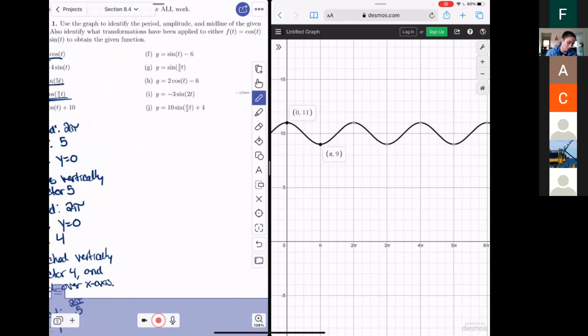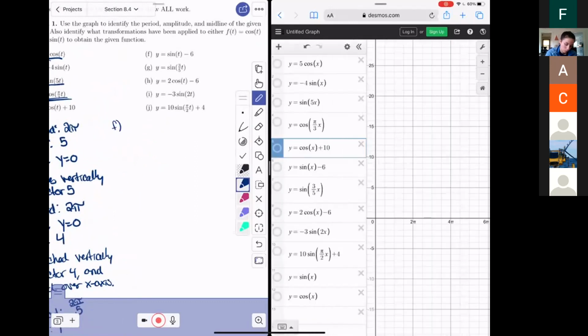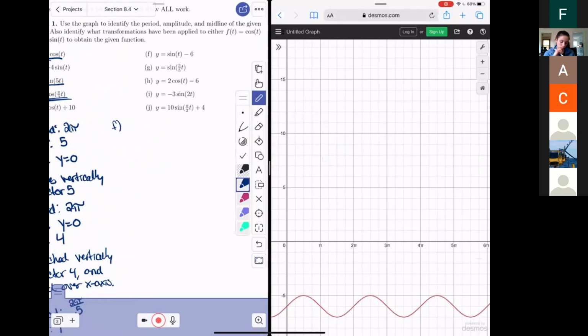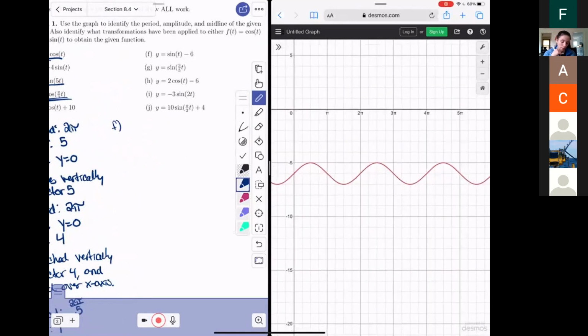All right. Back up here, problem F. We need to determine the period, amplitude, midline, and then transformation.